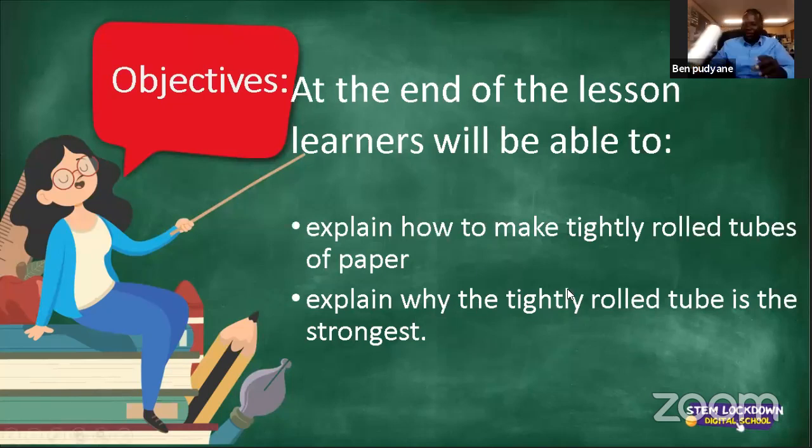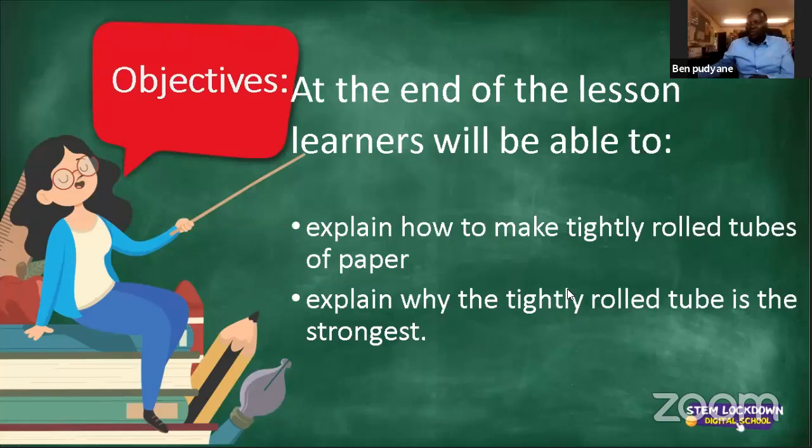We did this round tube, which is a hollow tube. This one is the triangular tube. And then the other one is the rectangular tube, or you can rather call it a square tube.